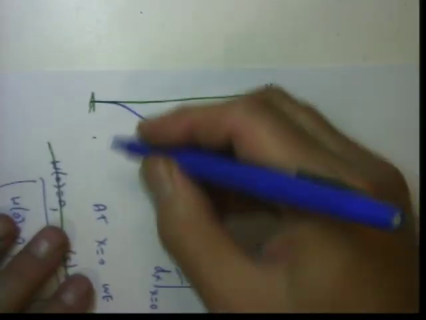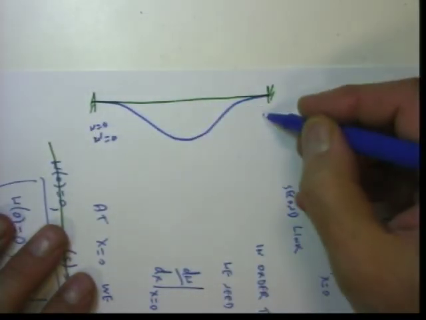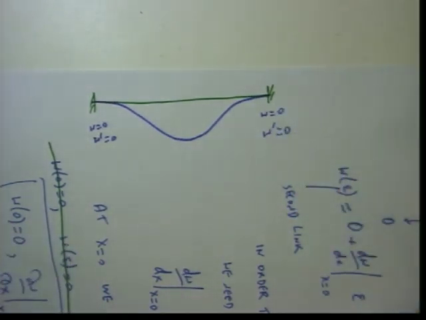So here w equals 0, w prime equals 0, and w equals 0, w prime equals 0. So I dealt only with two boundary conditions up to now. We will deal with other boundary conditions later on.